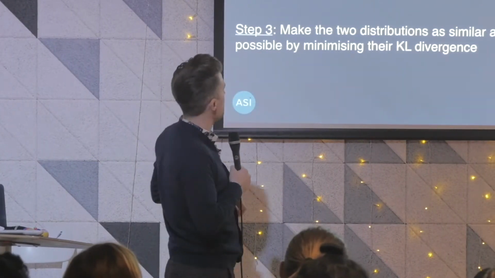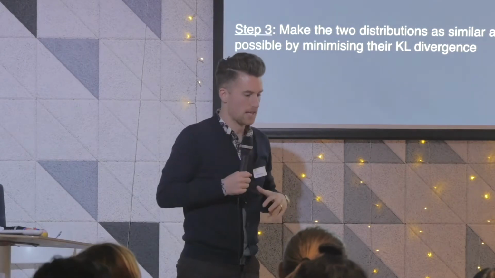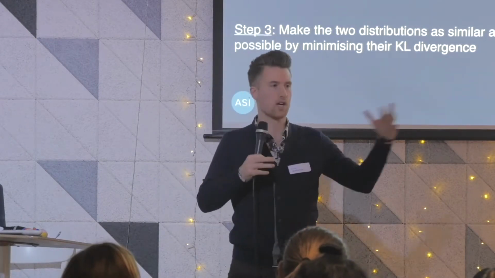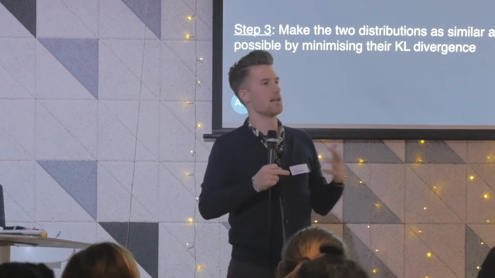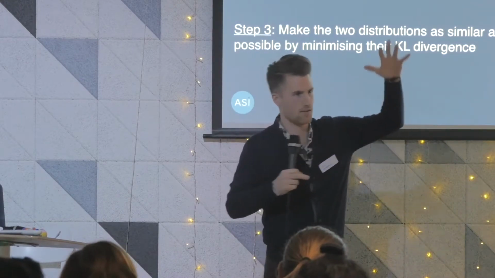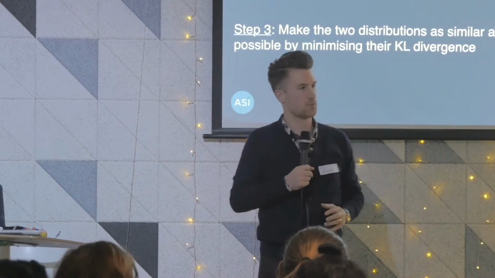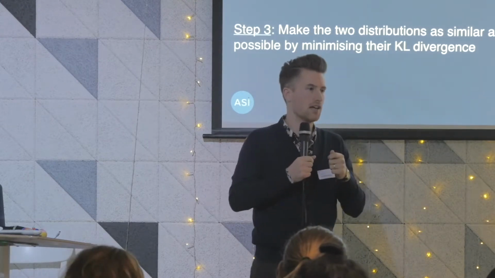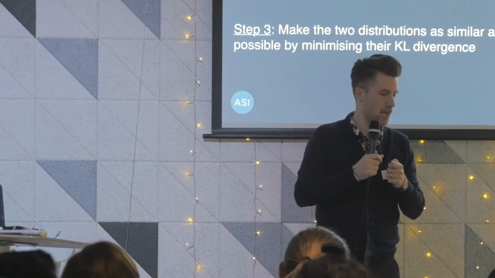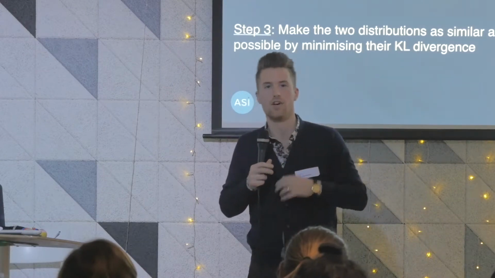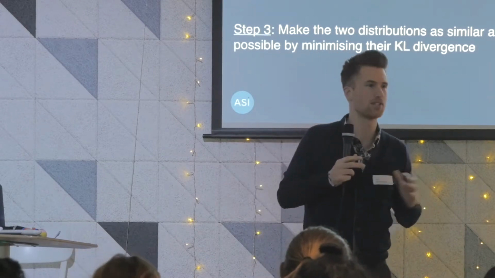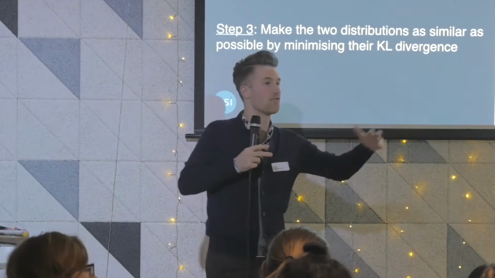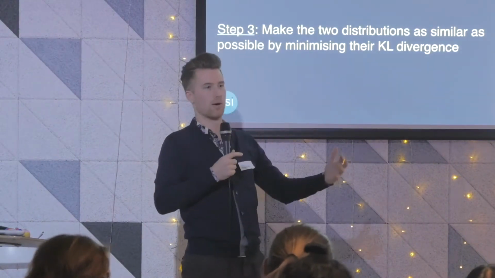The first step is you construct a distribution in the high dimensional space. So imagine in the 784 dimensional space, you construct a probability distribution that says two data points are high probability to be neighbors if they're close together, and if they're really far apart, they're low probability.